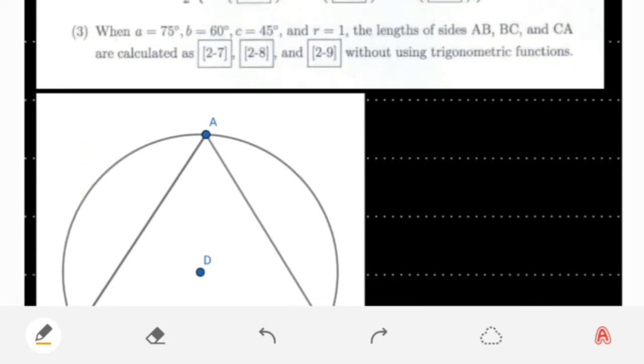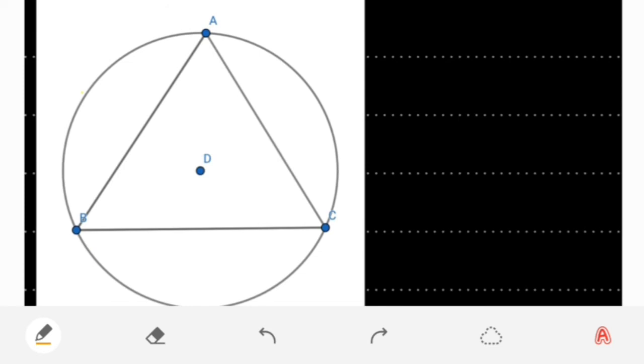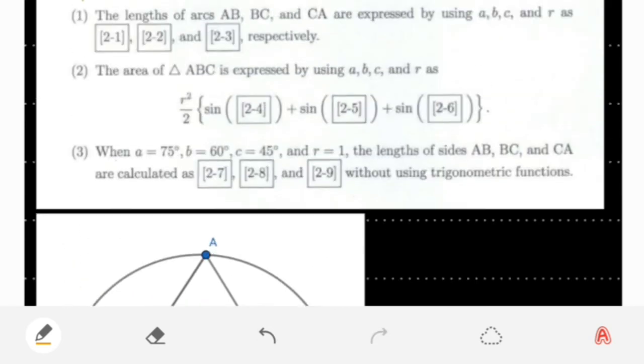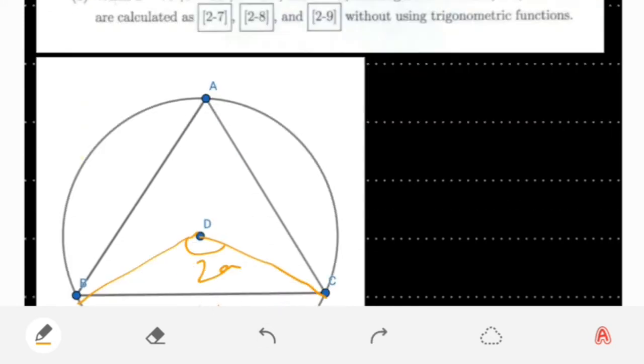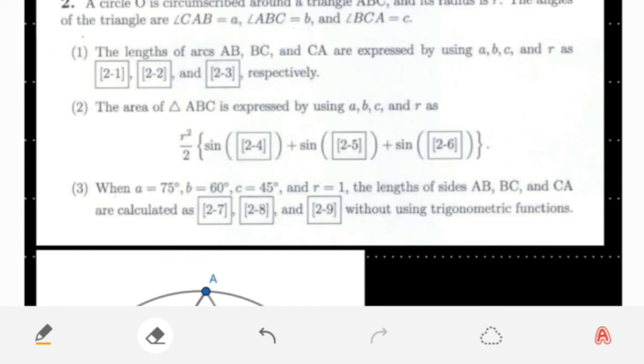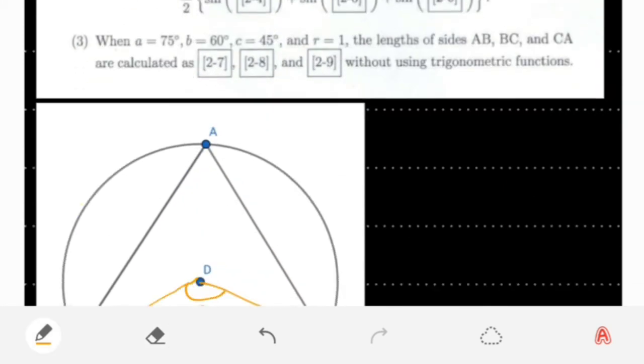So look, we want the length of these sides, right? Now remember, this is 2A, and let's call this x. The side that we want is x. So he wants us to calculate AB, BC, and CA. So let's call BC x, okay? And this is R and this is R, but now he gave us the value of R. So R is 1. So he made our life easier.